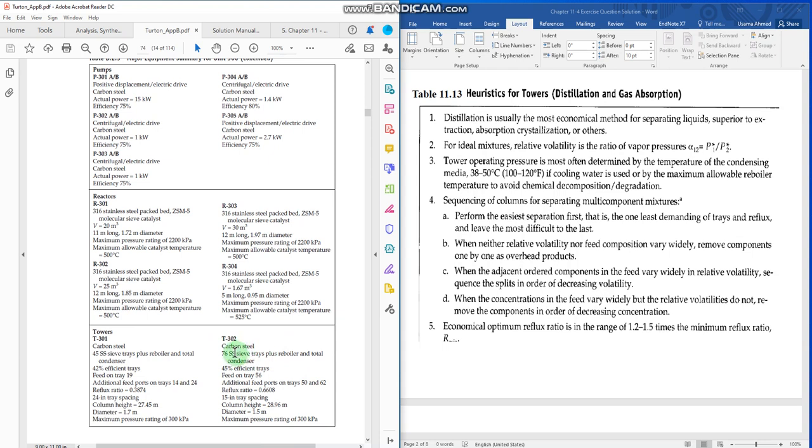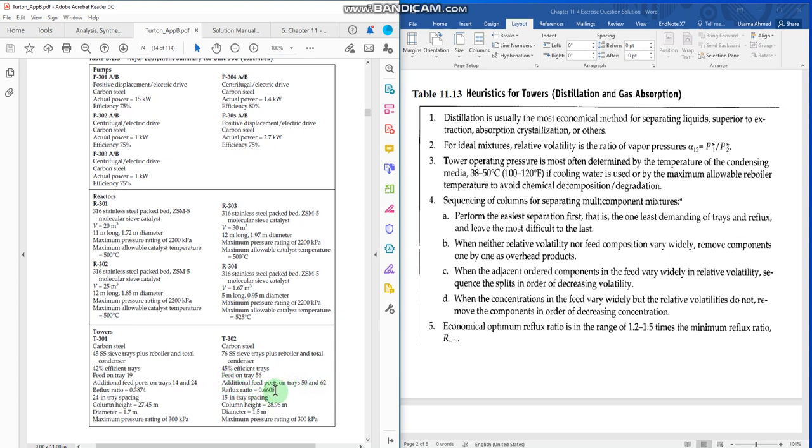There are 76 stainless steel trays plus a reboiler and total condenser. 45% efficient trays, this is the efficiency of each tray. Feed is on tray number 56. Additional feed ports on trays 50 and 62.